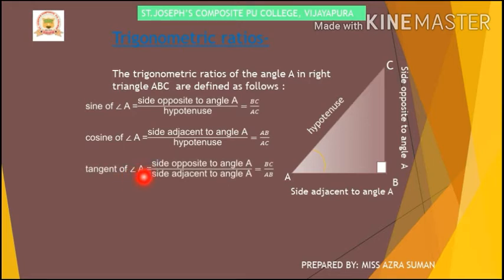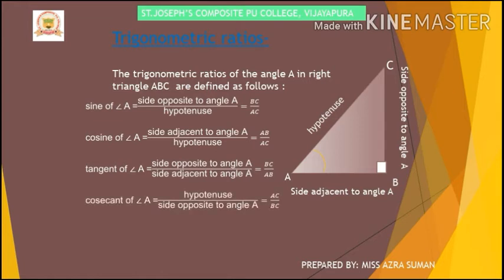Tangent of angle A is equal to side opposite to angle A divided by side adjacent to angle A, which is equal to BC divided by AB. In short, tangent of A is also told as tan of angle A.